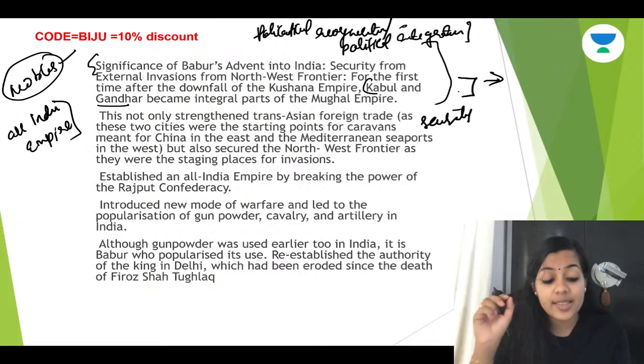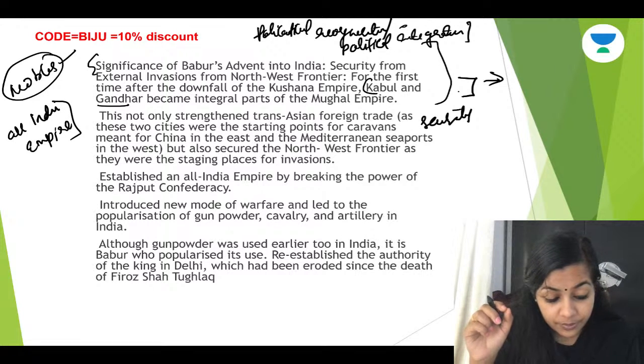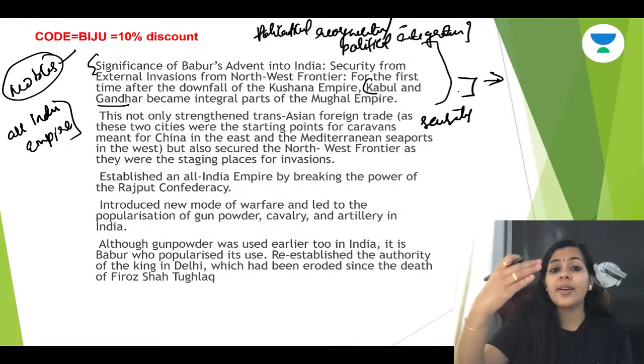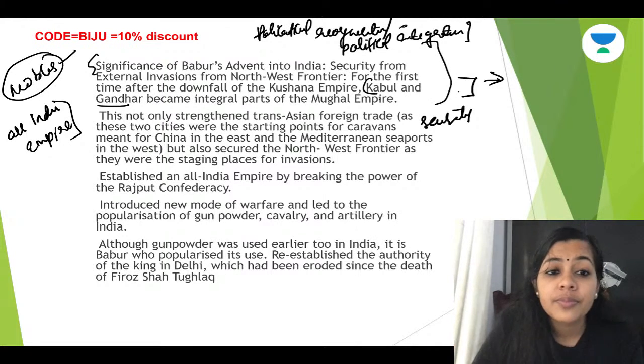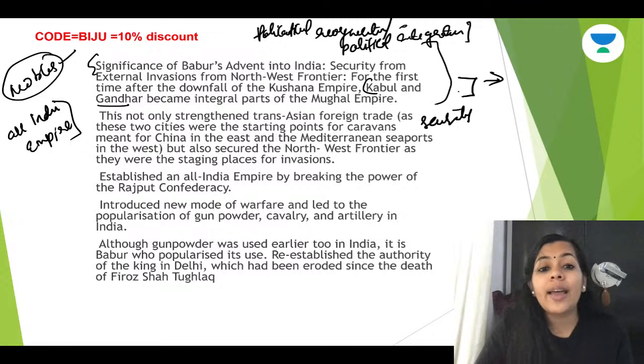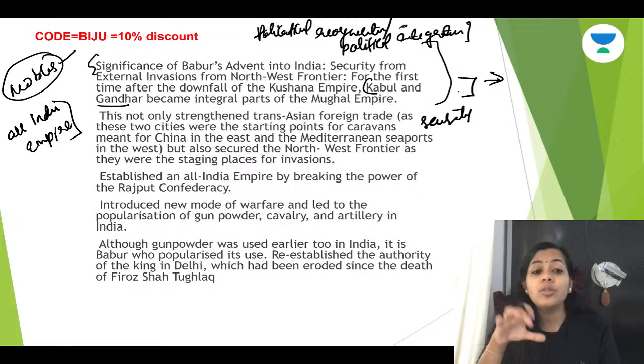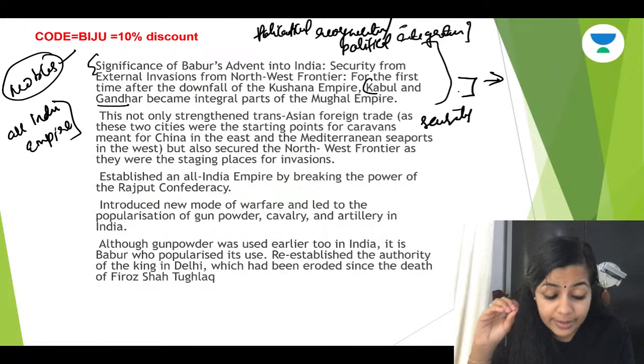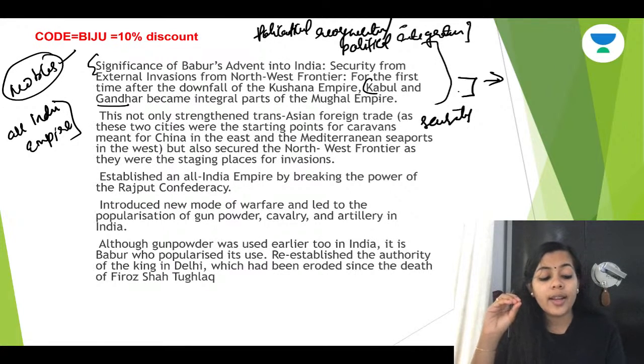These were geographical advantages. The northwest was no longer a problem and gave a much more secured region. This led to the creation of a pan-India empire, and India could take a great share in the great trans-Asian trade.